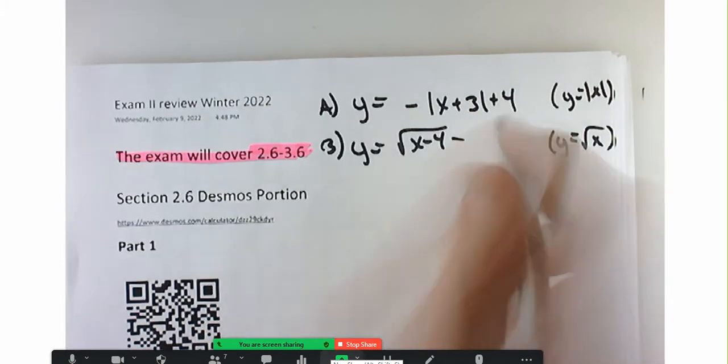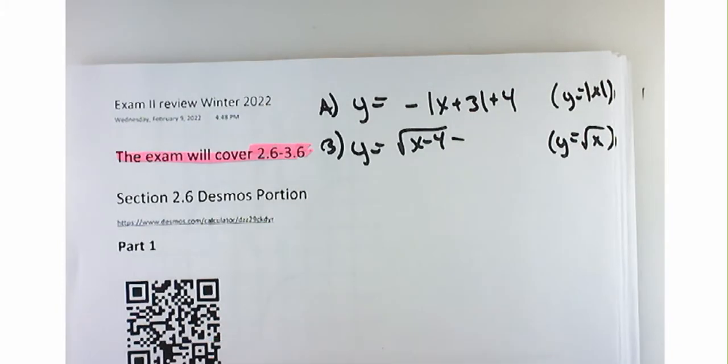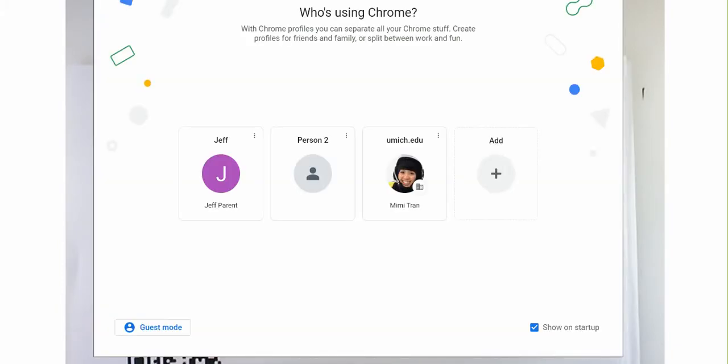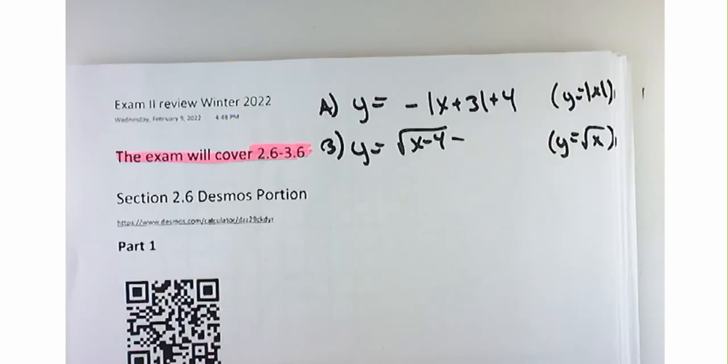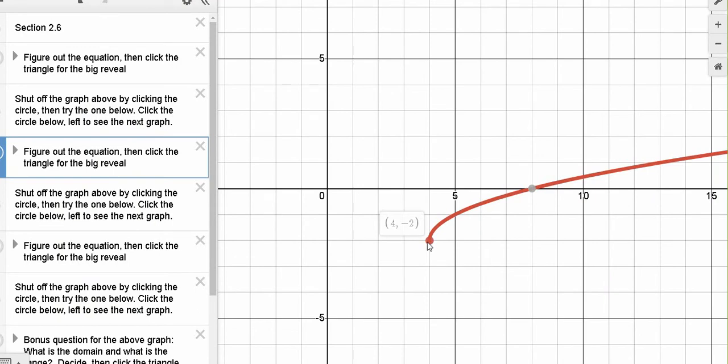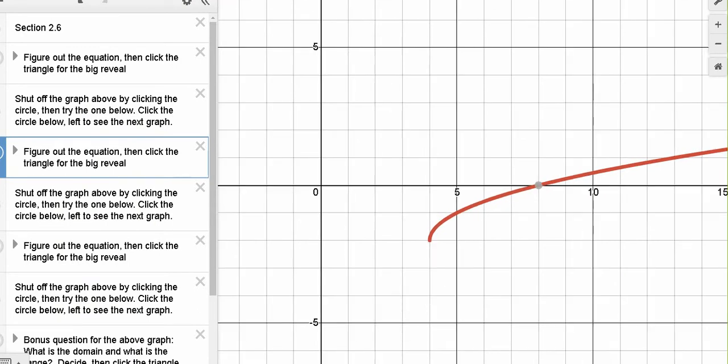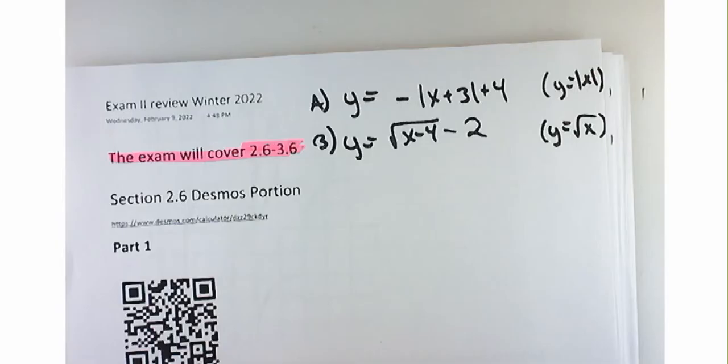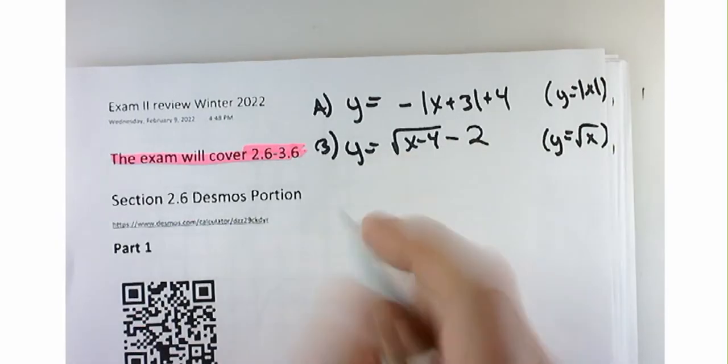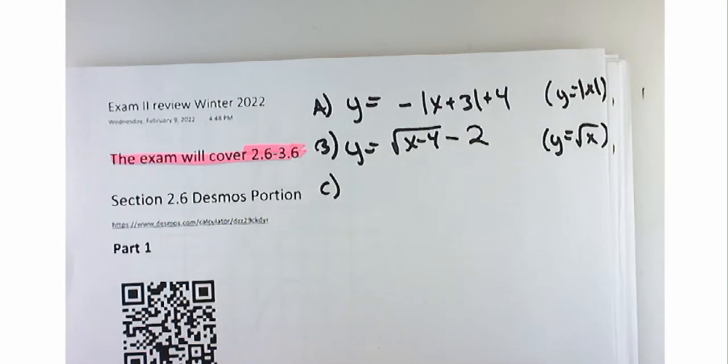Perfect. Let me just double check that. I want to make sure I got these in the right order. Here we go. Yeah, minus 2. Perfect. So 2 down, 2 to go. So to the right by 4, down by 2. Let's do another one.